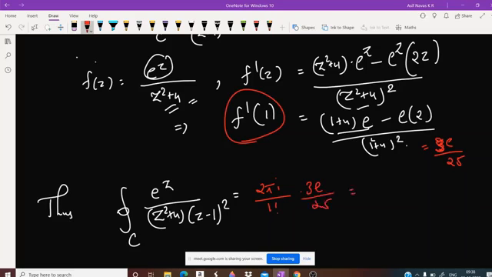So this is the answer. Okay, so 2 pi i into 3e divided by 25.